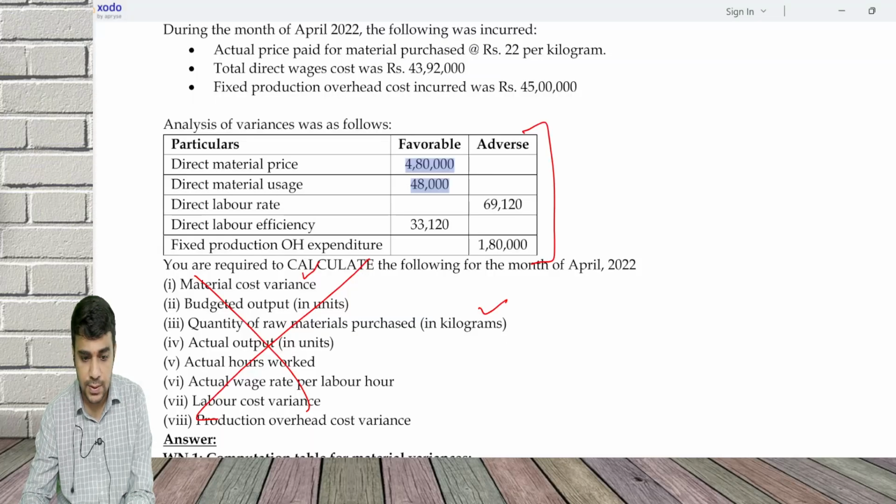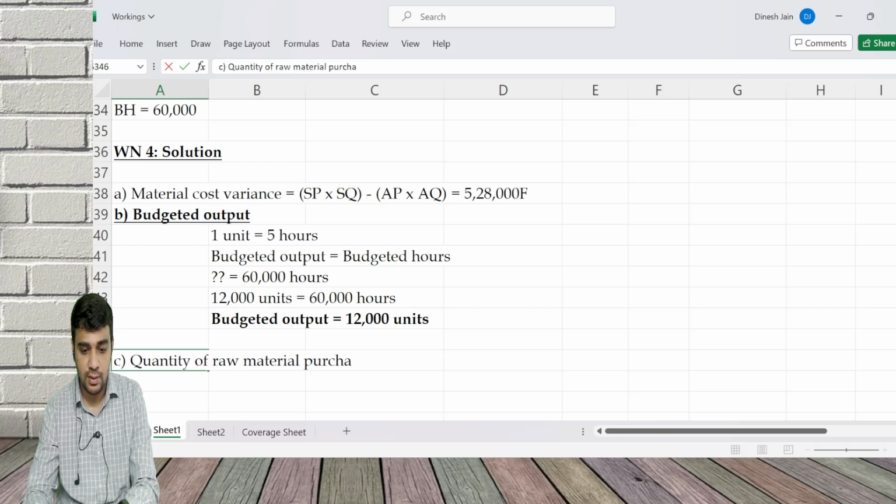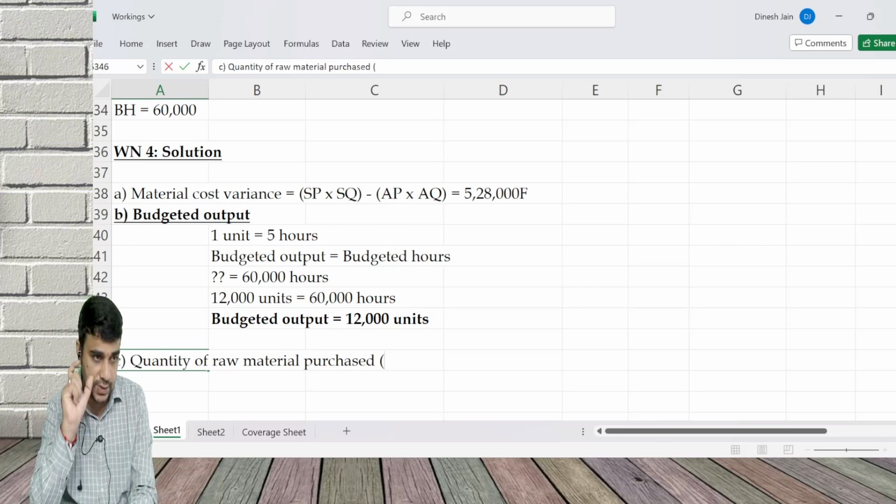What's the third requirement? This is already answered. See, for most situations, purchase and consumption is the same. AQ is not purchase, AQ is consumption. But most of the time it is the same unless they give opening stock and closing stock.